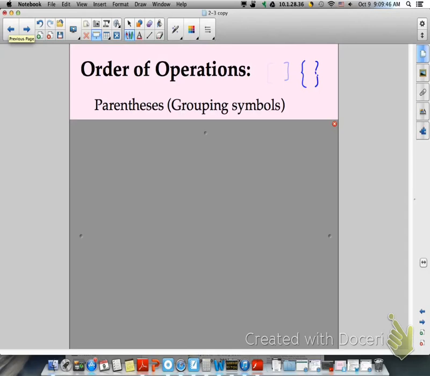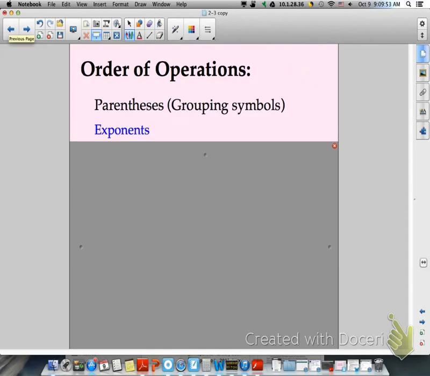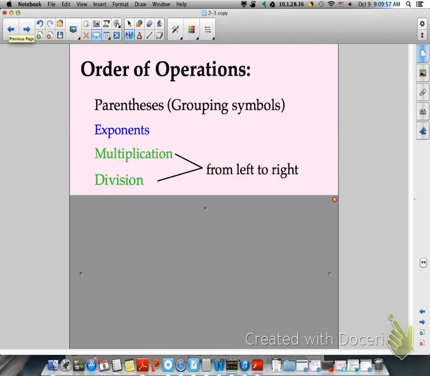But you take on what's in parentheses first, and then you move to exponents, and then, well, actually multiplication and division have pretty much the same value. So you just go from left to right. If you have both multiplication and division in the same expression, just go from left to right.